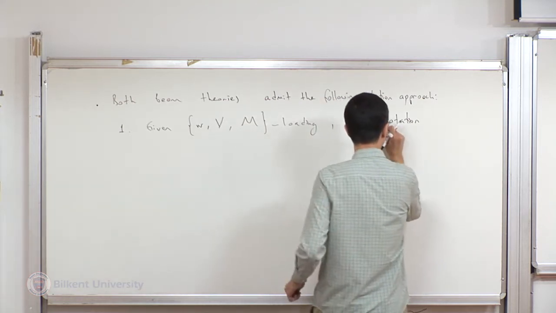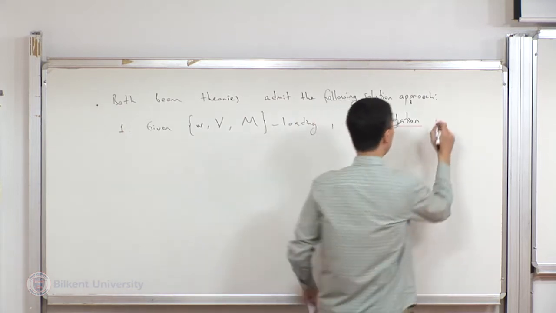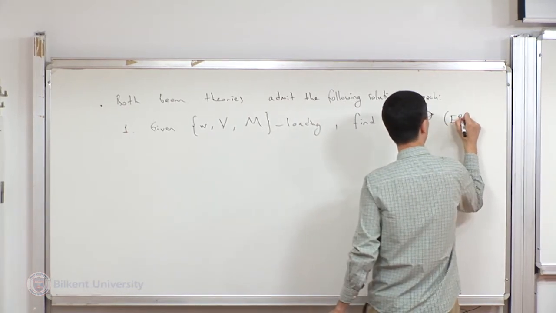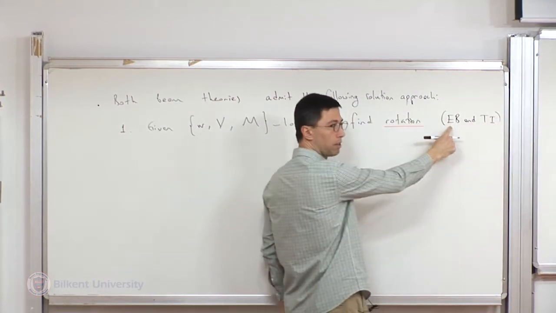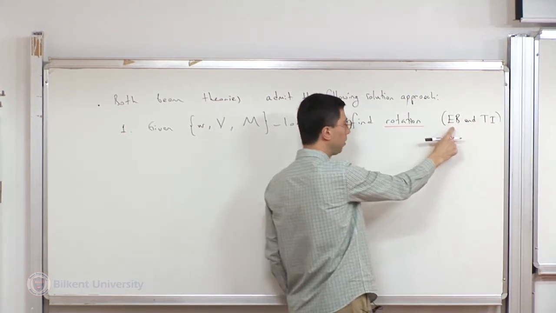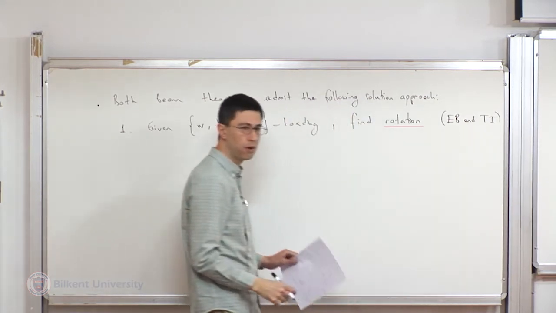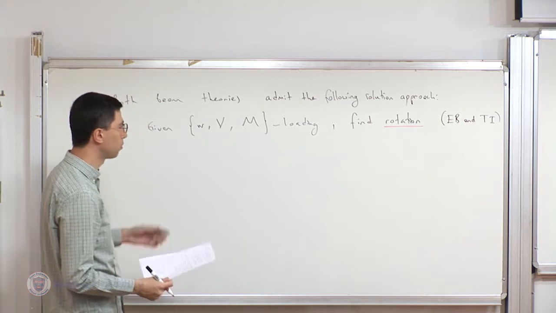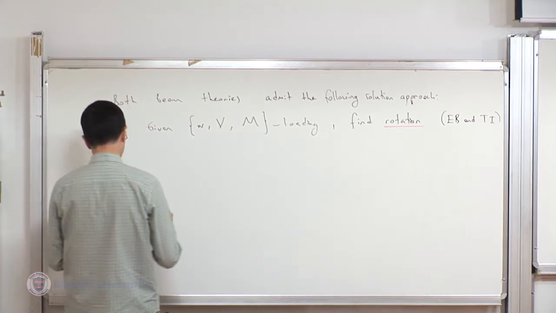First step is the rotation step. And this step is the same for both the classical beam theory, which we learned in ME231, Euler-Bernoulli, as well as for the Timoshenko beam theory that we're talking about since last time. So the rotation is the same for both.